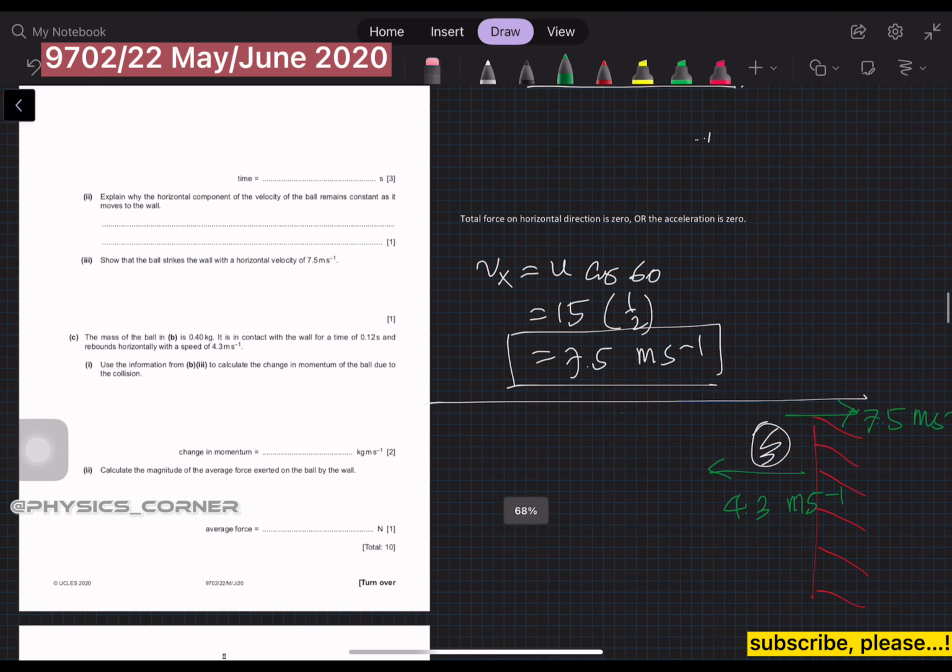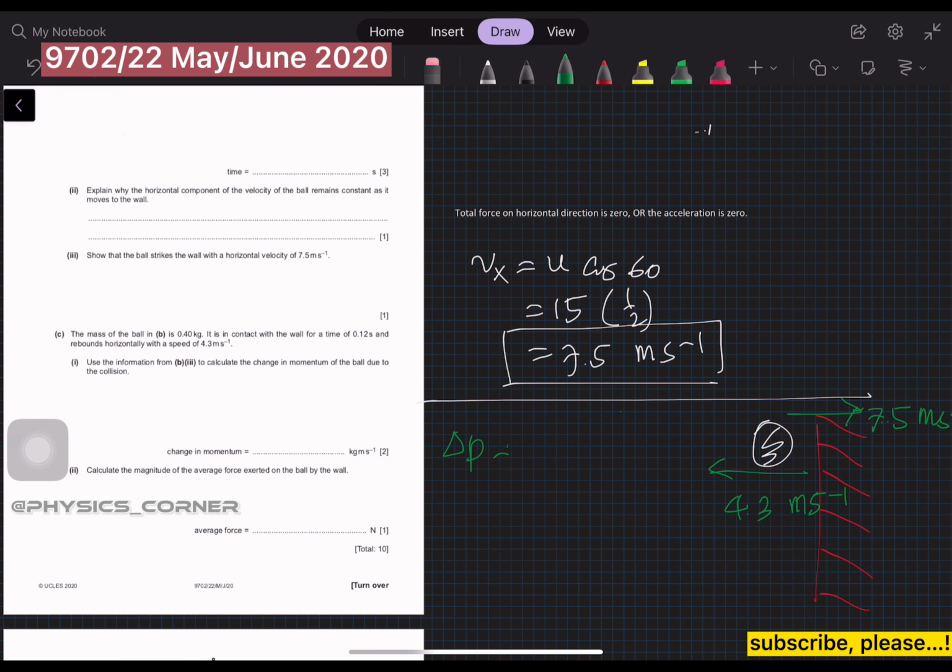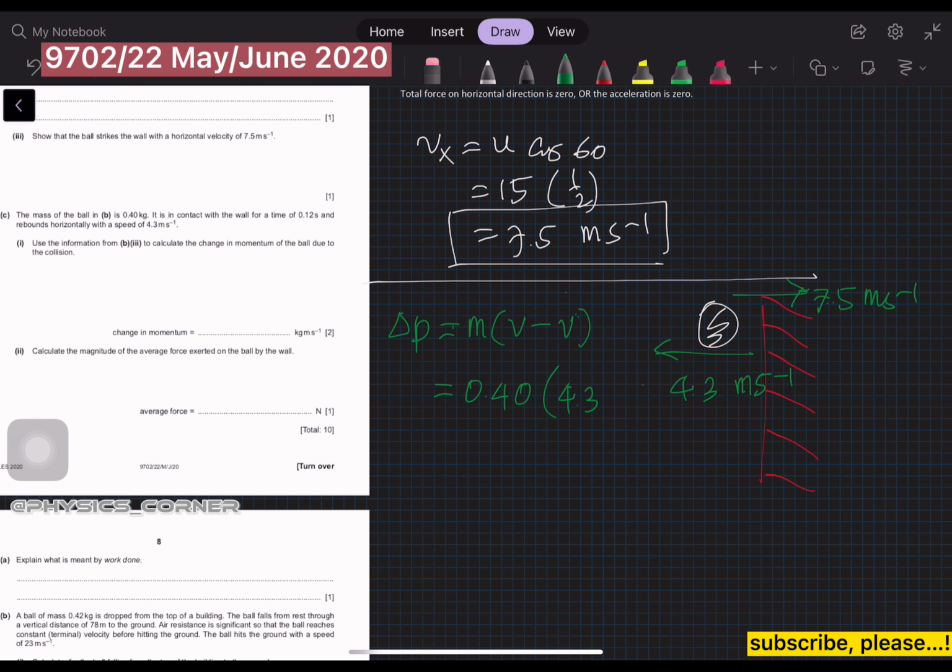So the change in momentum, delta P, is mass times V minus V after rebound. The mass is 0.40 and the second velocity is 4.3, with minus because the rebound direction is opposite. So repeating, delta P is mass 0.40 times 4.3 minus 7.5 in minus, so plus.